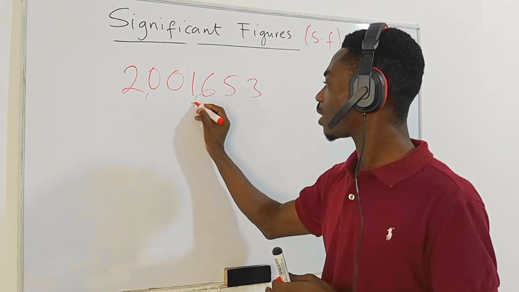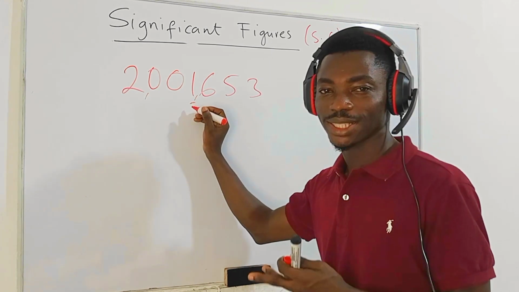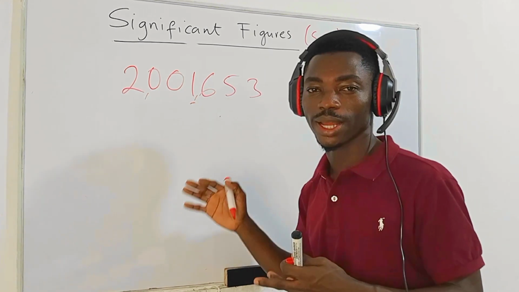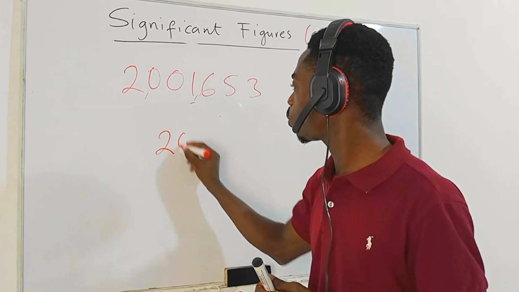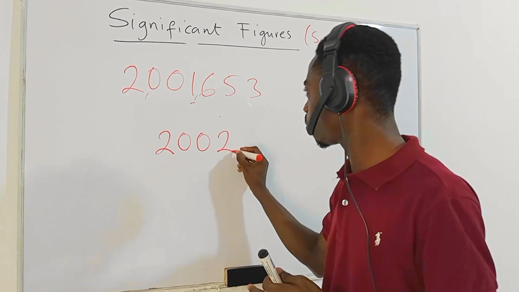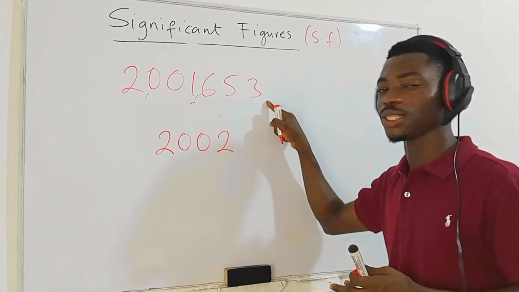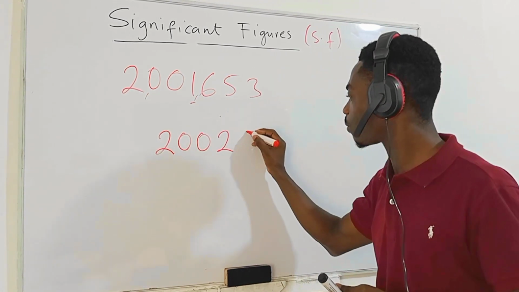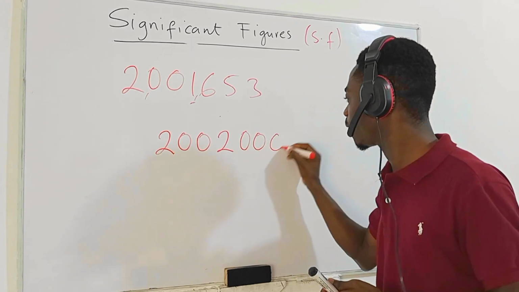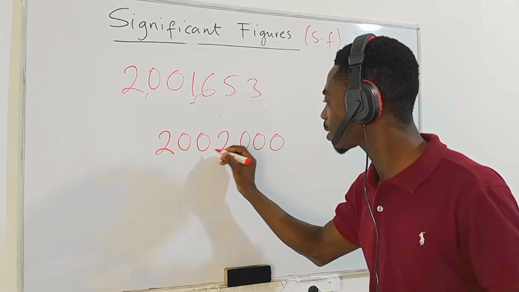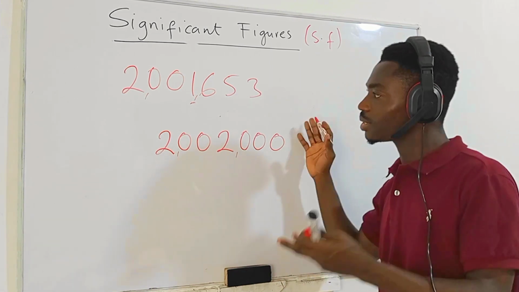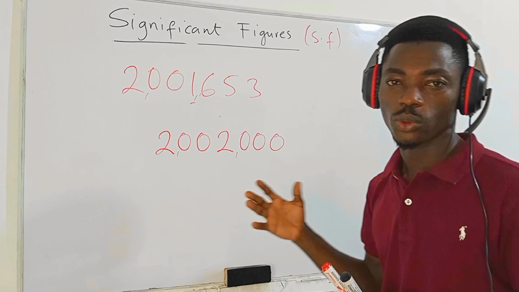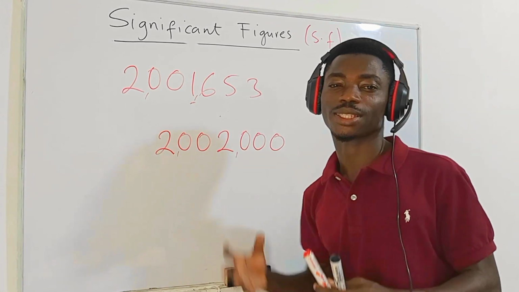We just landed on this one right here. The number next to the 1 is 6, which is more than 5. So we have to add 1 to this, making 2002. Then we change all the rest to zeros, so that we will have 0, 0, 0. And we can clearly see that we are still in the million range. So that is basically how to round whole numbers to a given number of significant figures.